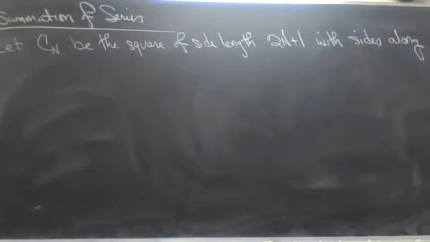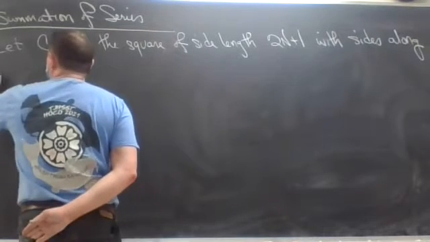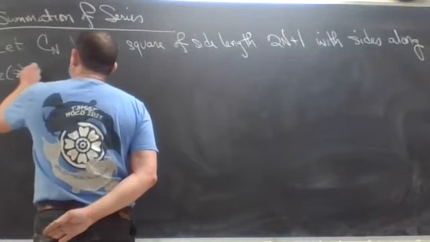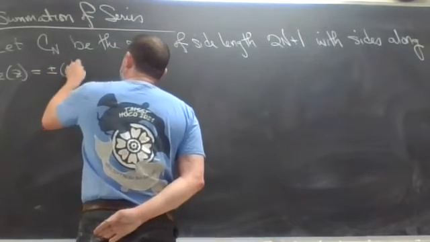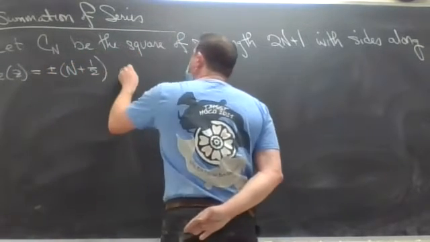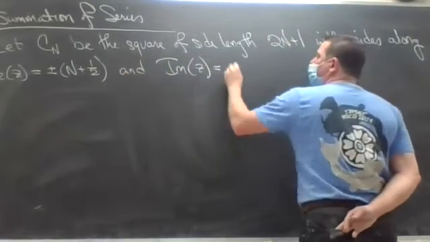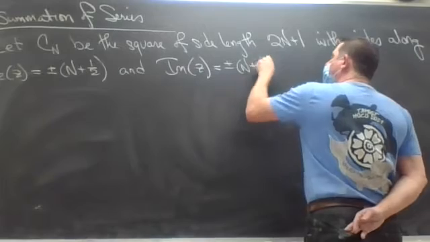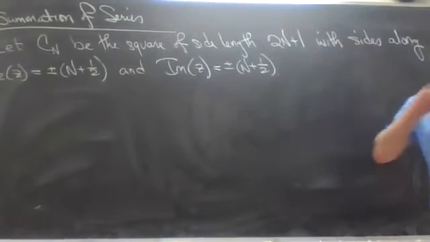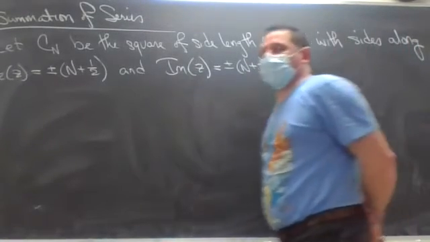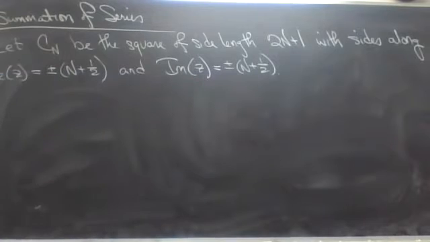Cn be the square with side length 2n plus 1 with sides along the real part of z equals plus or minus n plus a half, and the imaginary part of z equals plus or minus n plus a half.